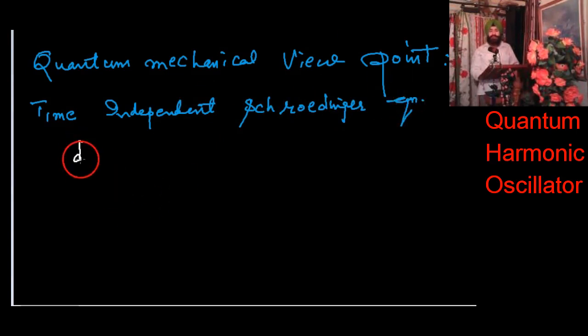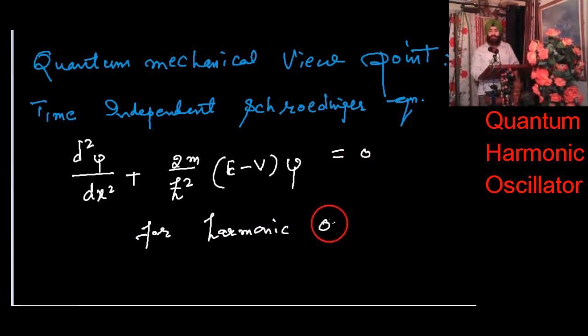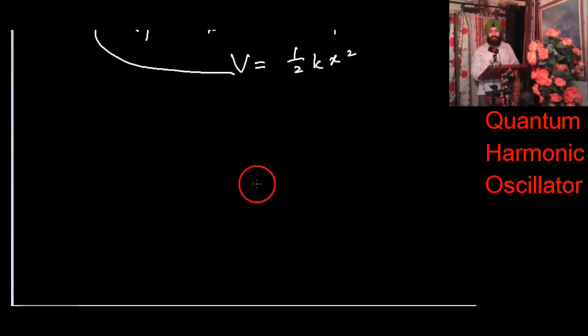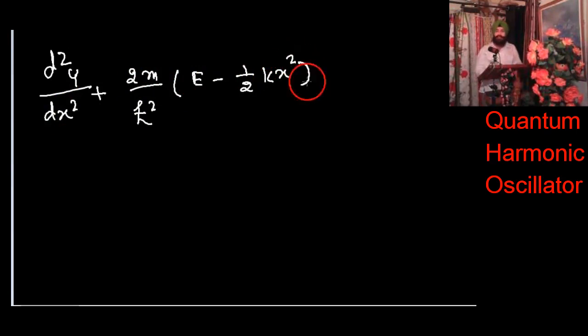Now we are coming to the quantum viewpoint. We are writing the Schrödinger equation, time independent, substituting the value of potential energy here, half kx square. So the differential equation becomes like this.